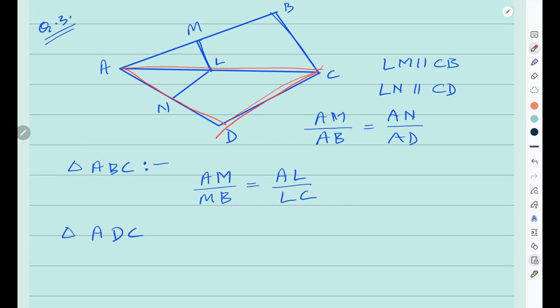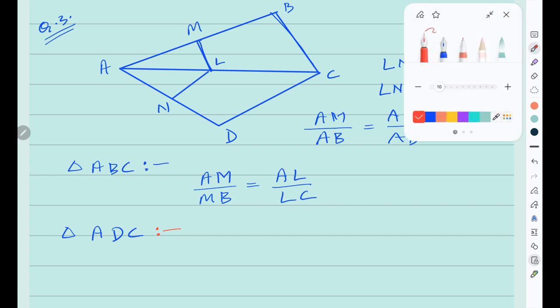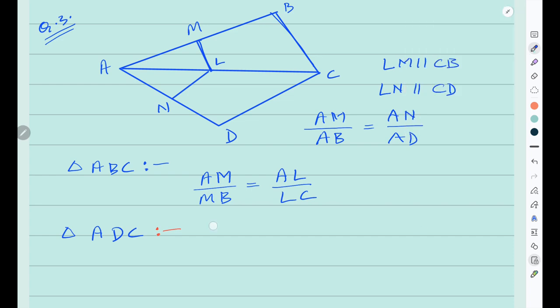ADC, where DC is parallel to LN. In that way we can write that the AL to LC ratio will be equal to the AN to ND ratio.